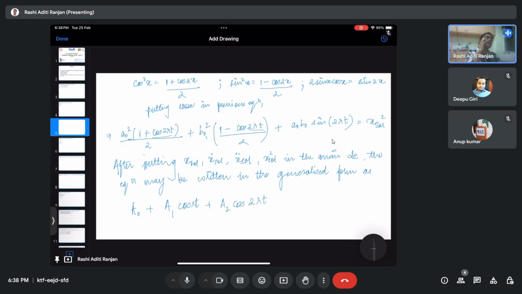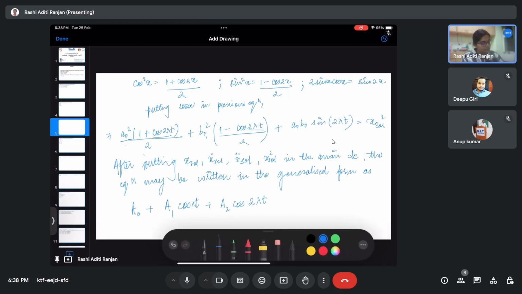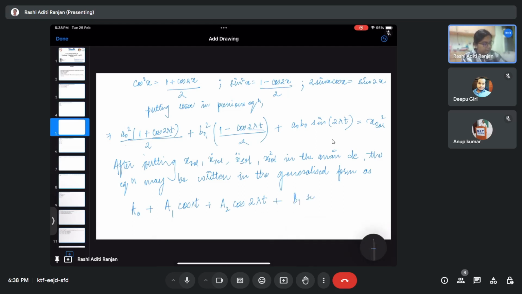If you remember, in last week's live session we considered cubic nonlinearity and ignored the higher harmonics while finding the solution. This time we consider the higher harmonics. So we get this plus b1 sine lambda t plus b2 sine of twice lambda t, equals f cos omega t.